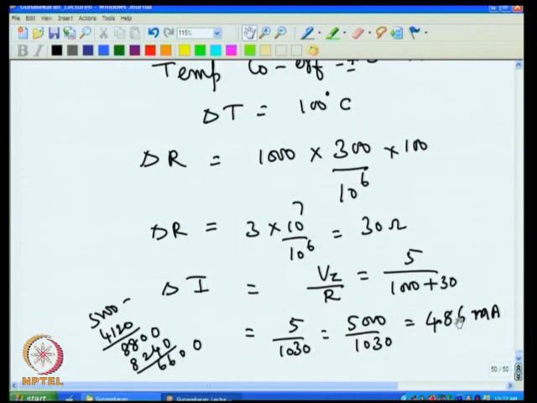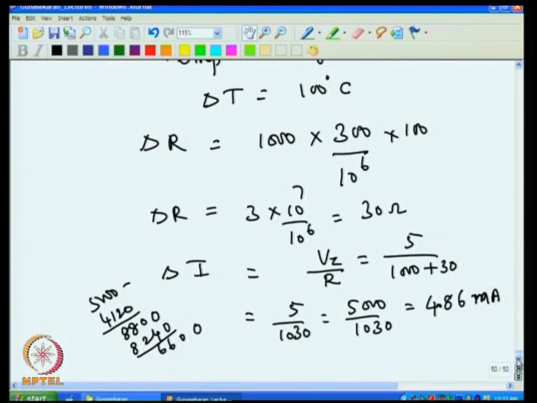In some units it will be increasing, by this amount, in some units it will be decreasing by this amount, and in some units it may not be changing at all, because the drift is specified like that, resistance drifts that way. So delta I becomes 0.14 milliampere. It is quite a lot of change.